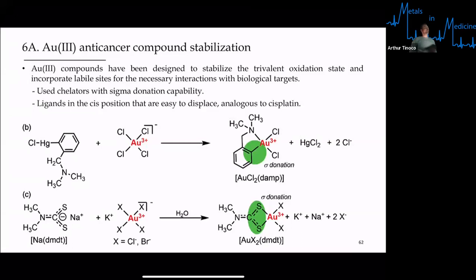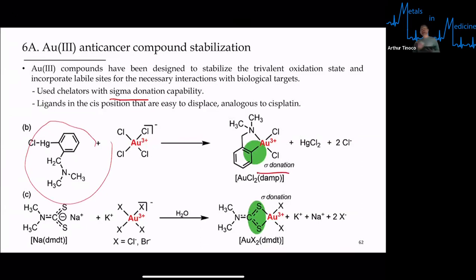So what you have here are chelators, which have good sigma donation capability, and ligands in the cis position that are easy to displace, enabling the metal to act analogous to cisplatin. What do I mean by that? Here's an example of a ligation system that, when coordinating to gold, facilitates sigma donation.